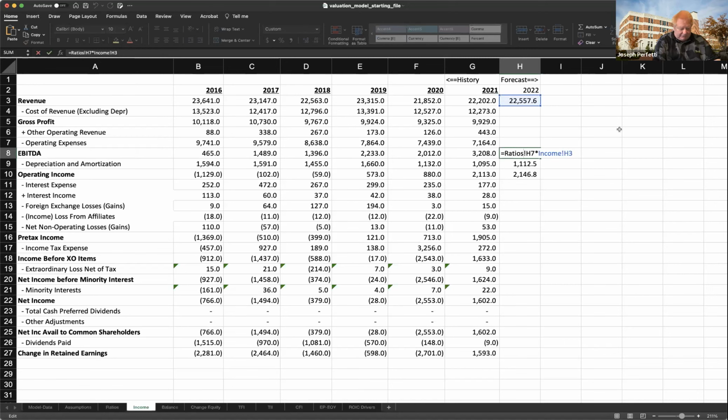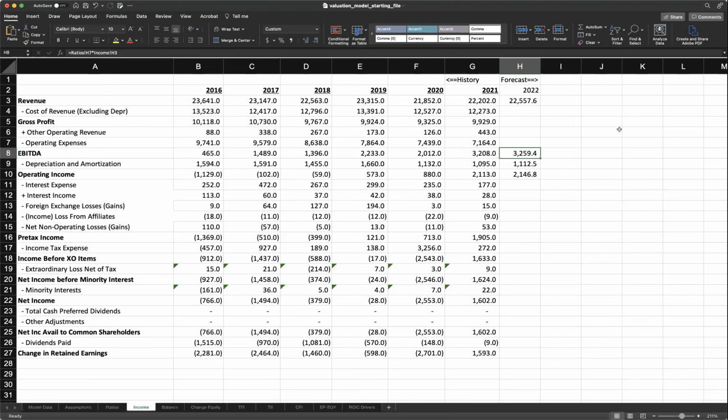And that's going to get you your 3259.4. Same process for depreciation. Ratios times forecast equals the amount. It's basically the process that we're following here. Other questions?